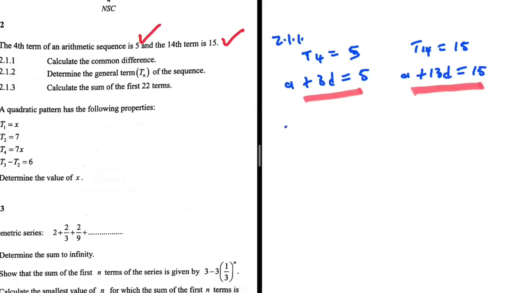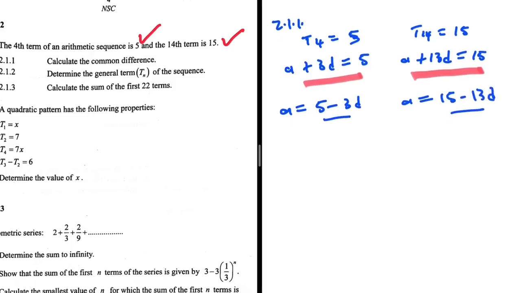In doing that, we're going to get A equals 5 minus 3D. And on the other equation, A equals 15 minus 13D. So we can equate these two because they are both equal to A. So 5 minus 3D equals 15 minus 13D.